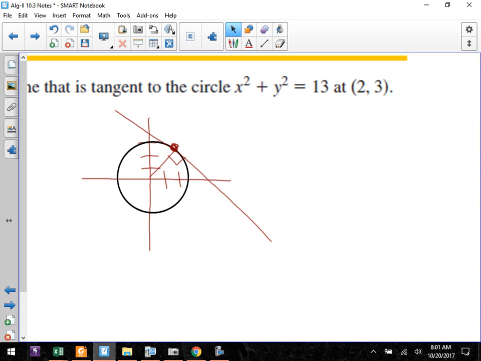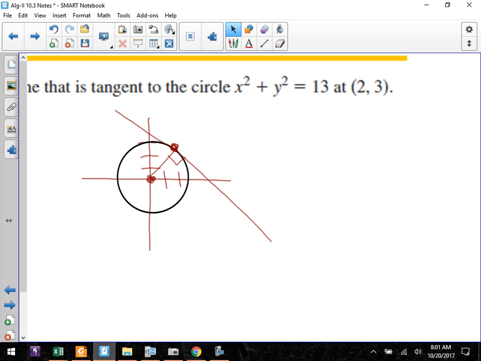Now, what I want you to think of here is, can you find the slope of the radius? Think about where you're starting your radius. It starts at 0, 0. Slope, if you recall, is change in y over change in x.